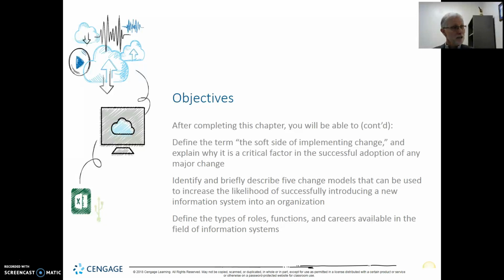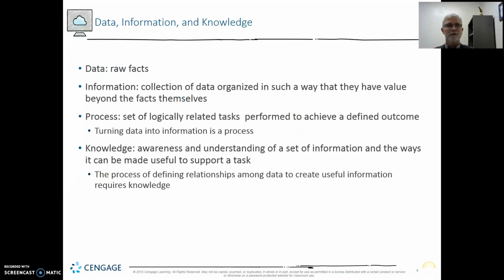How does change in an organization get implemented? What could be ways of helping make a decision as to whether I'm going to implement a change in the IT environment? And what kind of careers, roles, and certifications may be beneficial? This chapter gives you a high-level view of everything that's going on.